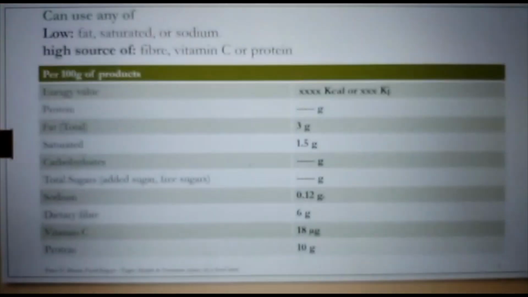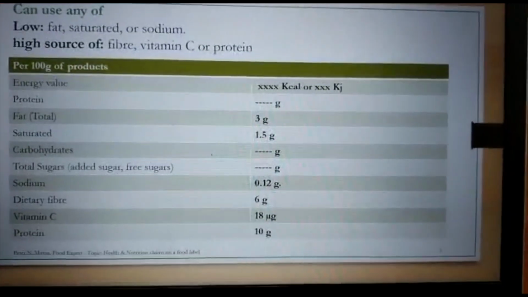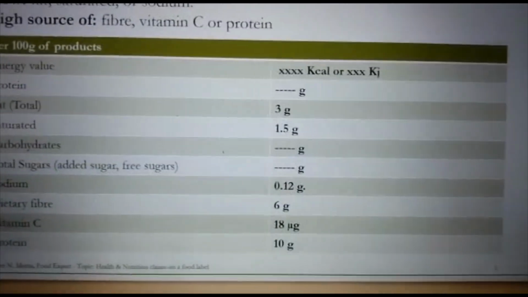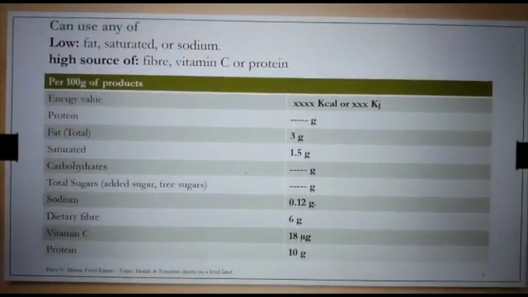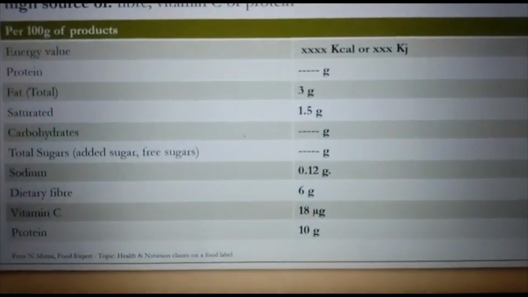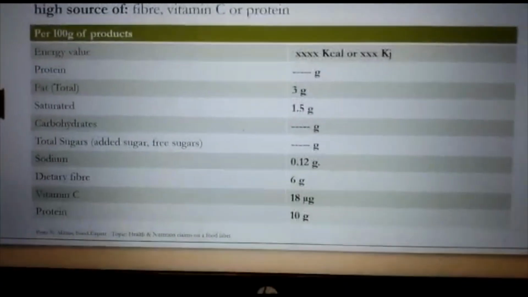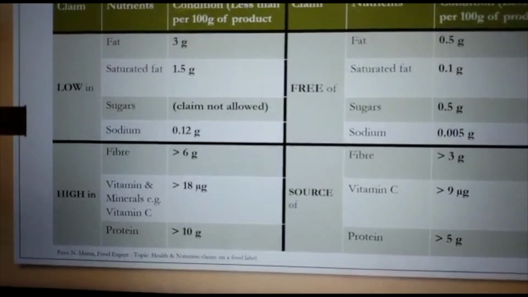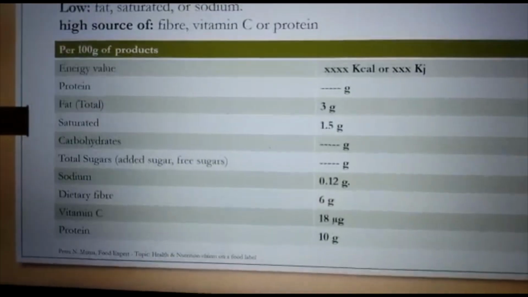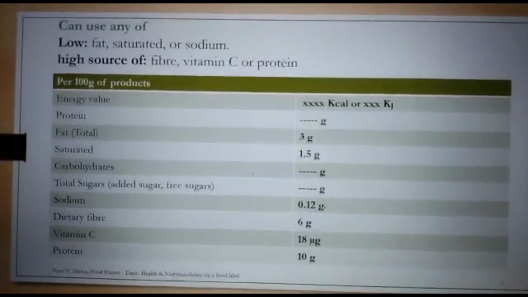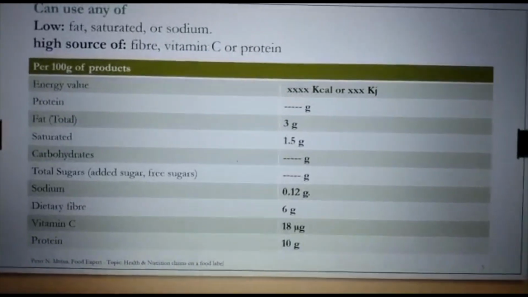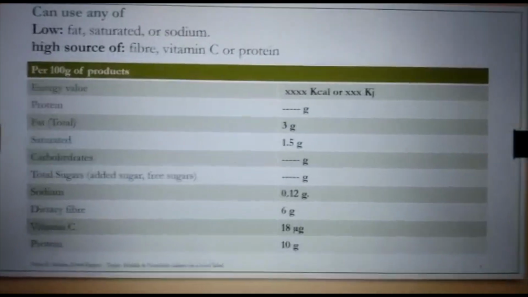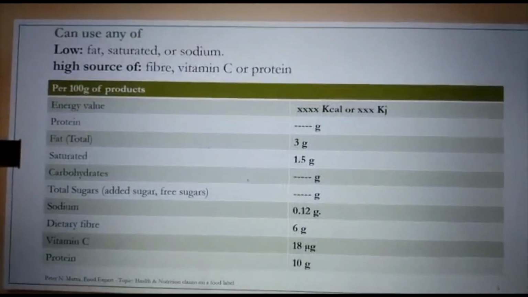It could be low in fat, because you can see the level that we have indicated for fat is about 3 grams, and which is in the levels of the low fat. It has also a high source of fiber. As you can see, we've talked about the high source of fiber being 6 grams, and this product is already responding to that. So it means based on what is declared, a claim can be crafted out of it, and then the consumers will be able to choose based on the information that is provided.